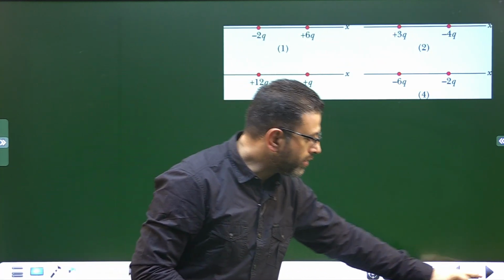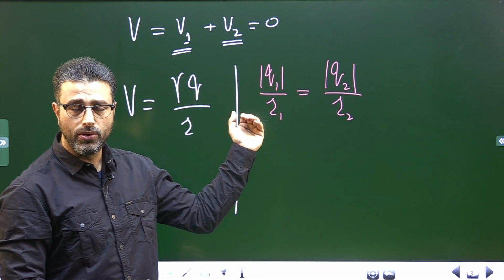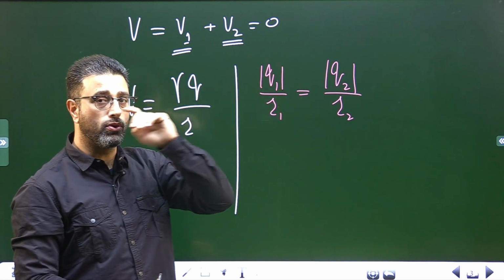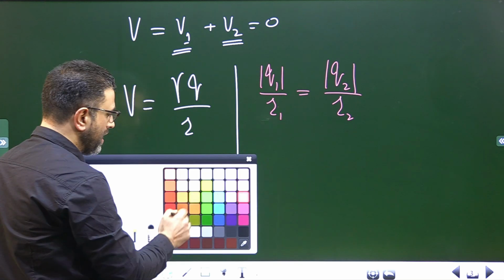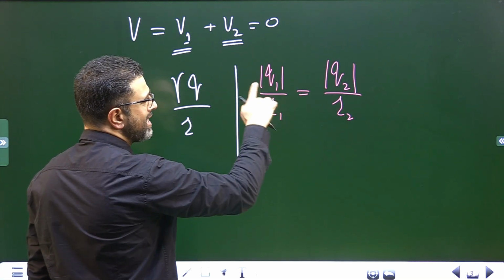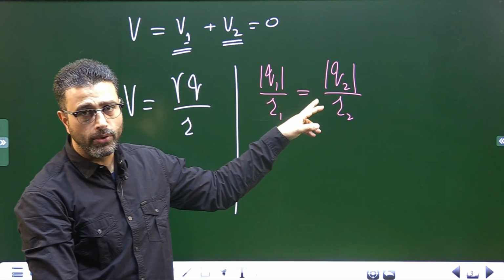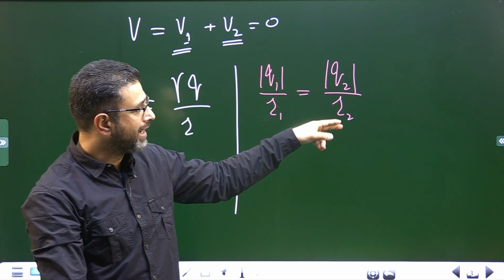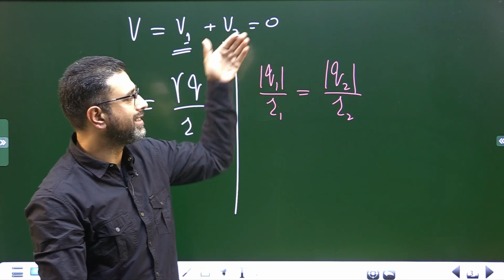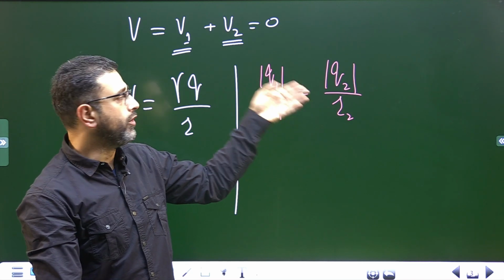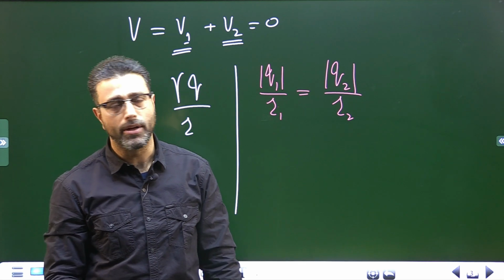The ratio of charge to distance must be the same in the 2 cases. The charge having greater magnitude, the point must also be at a greater distance. The ratio will be same only if numerator is greater, then denominator must also be greater. If numerator is smaller, denominator must also be smaller.